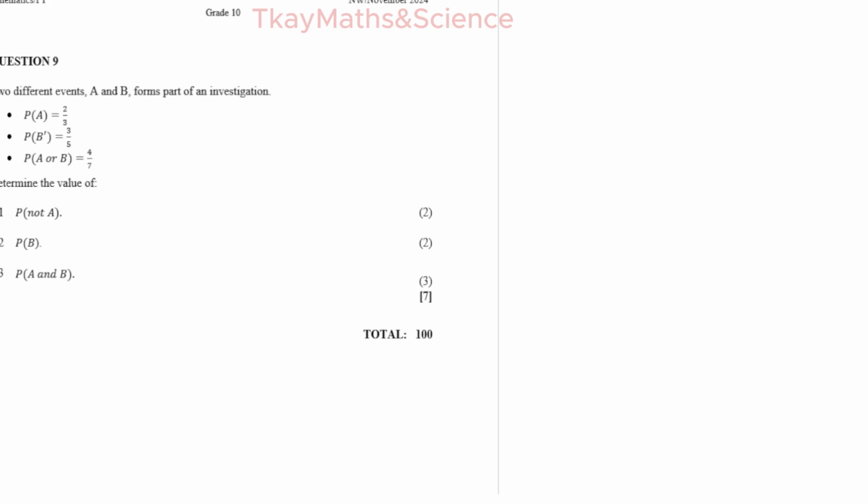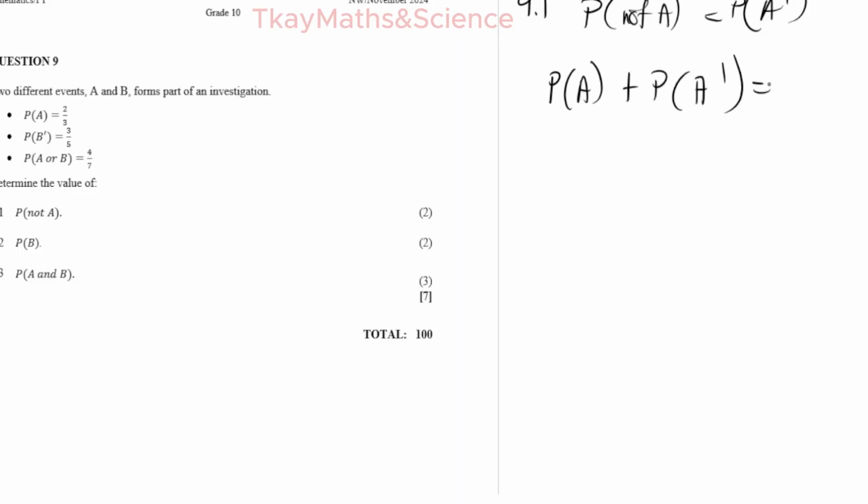Okay, so we go to 9.1. So P not A, which is equal to P A complementary, this is how we're going to find it. The probability of getting A plus the probability of getting A complementary, this identity should be equal to 1.